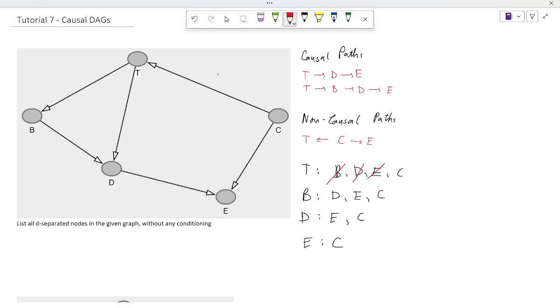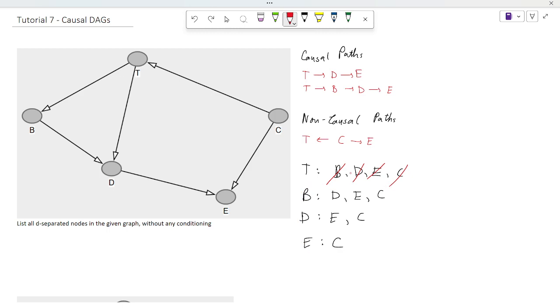Then I can look at C and T, and between T and C there is a direct path over here as well, which means that they are not d-separated either. By the way, in a path like that, it doesn't really matter which direction your arrows are going. When you're checking for d-separation, that doesn't matter. Now with that, I will give you guys a few seconds to check all of these as well.